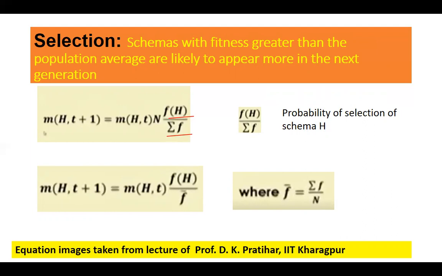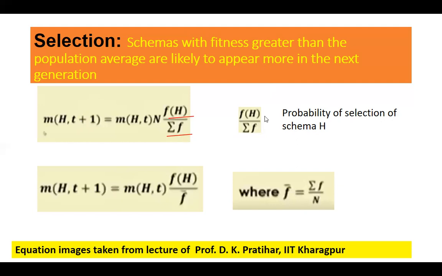We have already calculated f(H), the fitness of the schema in the population, and we also know the total fitness, the summation of f. Then, according to proportional selection, the probability that this particular schema H will be selected in the mating pool is nothing but f(H) divided by the summation of f.